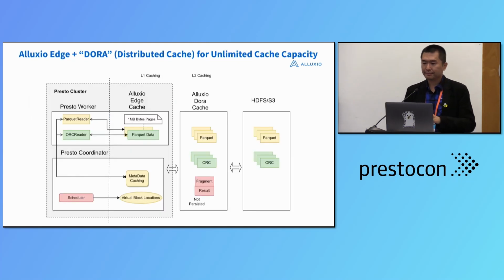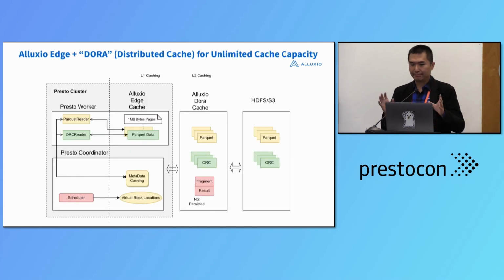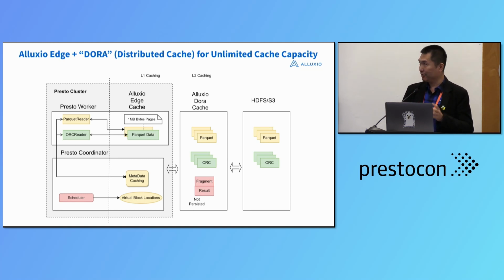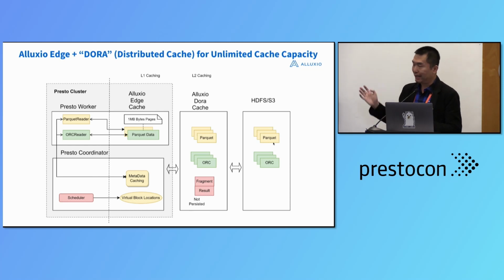Here's some architecture design about how to make Alluxio Edge. The Edge is the new local cache, or we can say the cache built into Presto, and Dora is something like a separate cache cluster. It's a distributed cache cluster that can give you a limited cache space. So they can work together, especially when you have some remote data, like remote S3.